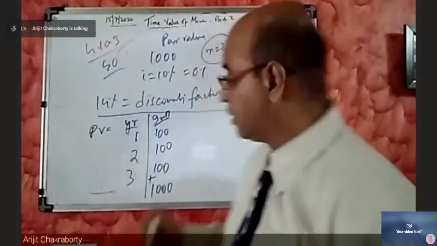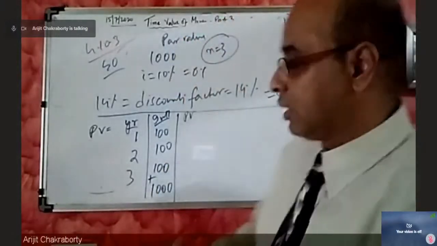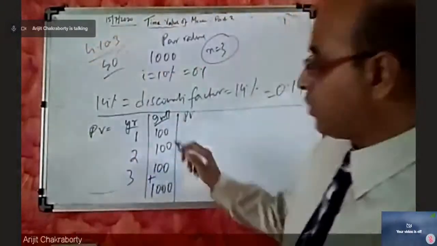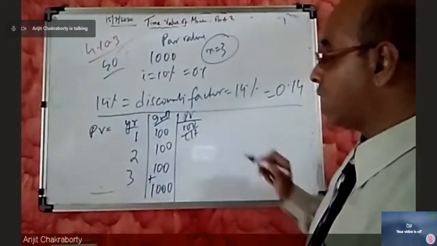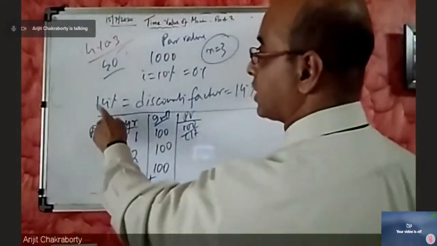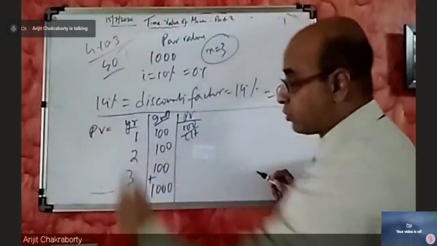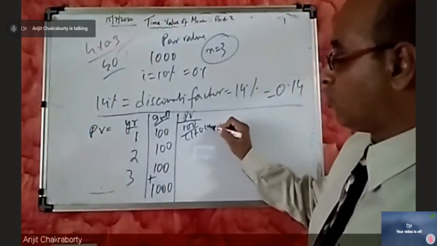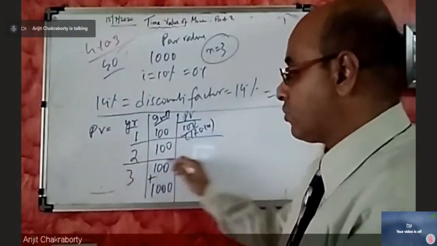Therefore, if you look at the present value factor, what is the present value of 100 rupees today? It is 100 divided by 1 plus I, and I here is 14%. This I is the discounting factor, 14%. So 0.14. First year is done. Second year he will get 100 rupees.